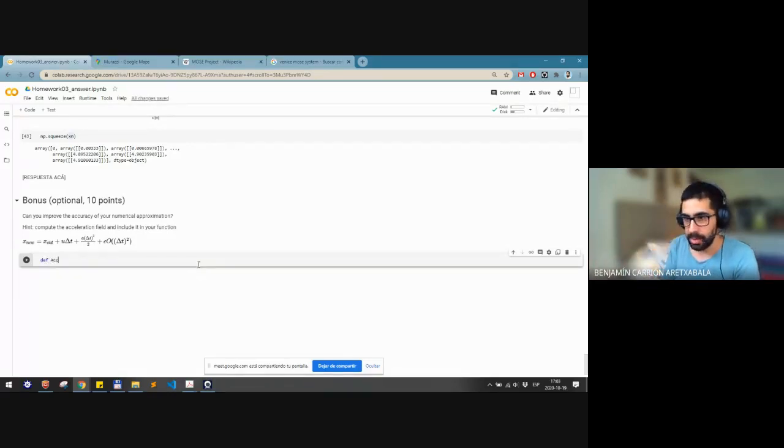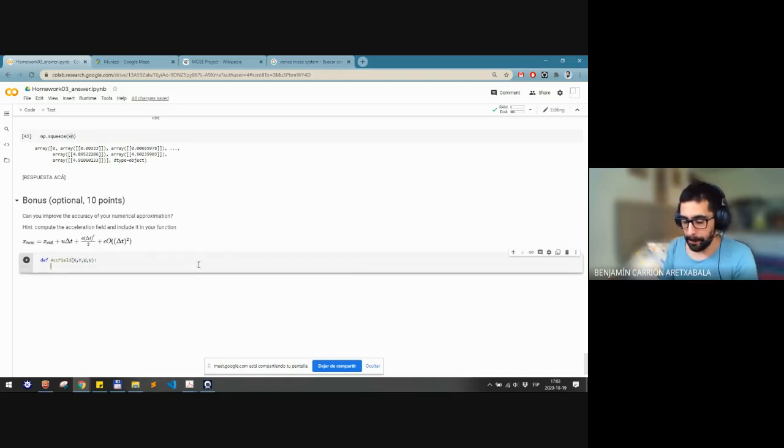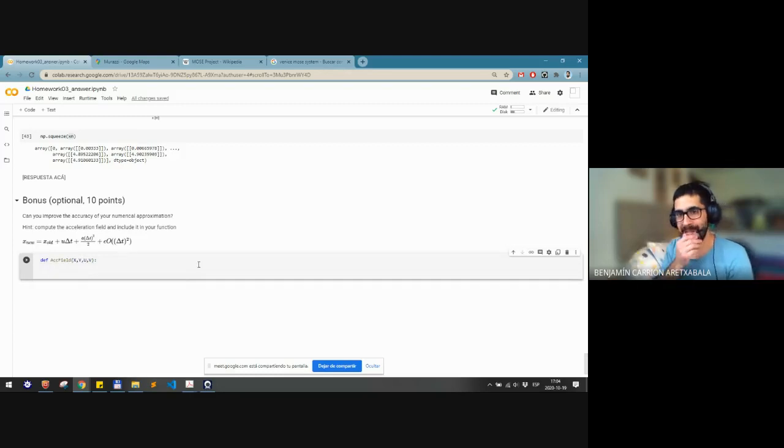So we're going to compute the acceleration field based on x, y, u, and v. Again, there are many ways you can do this. If you did it one way or another, it doesn't really matter. But I'm going to do it the way I find easier.